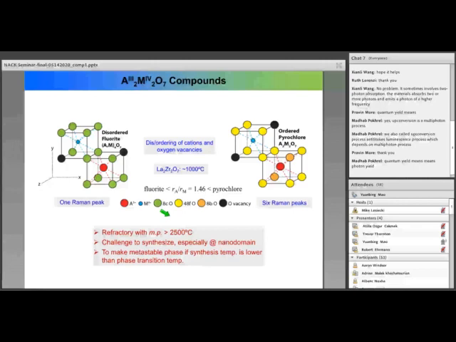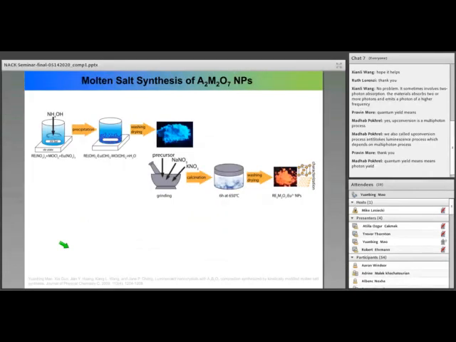Because of this phase transition temperature, we also want to design a synthesis technique with a temperature lower than the phase transition temperature. Then we can probably get the metastable phase from our synthesis. That motivated us to develop a synthesis technique.